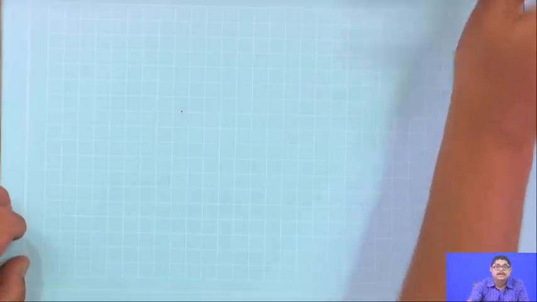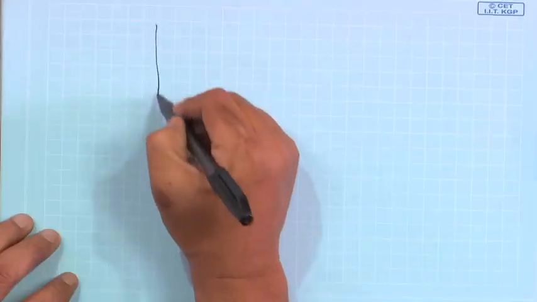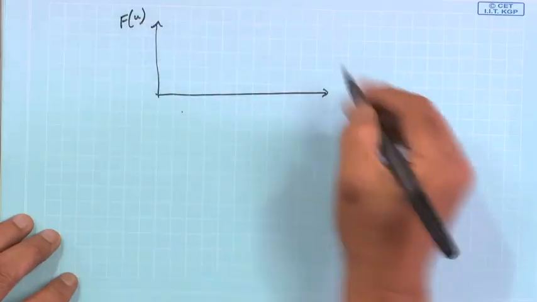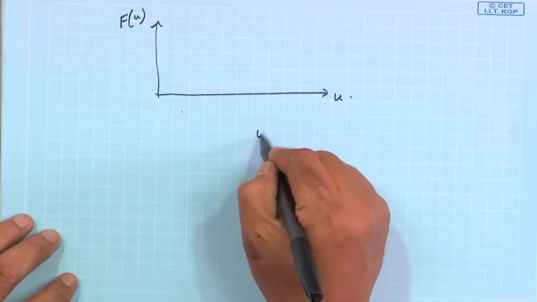But before going there, if you see my earlier array antenna discussions, I always express the array factor as f(u) by u. Now, what is u?